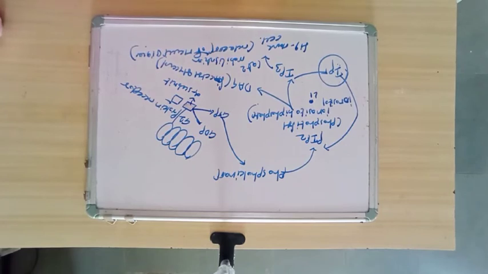So this lithium inhibits the formation of IP, and finally it inhibits the formation of IP3. So this is the mechanism of lithium.